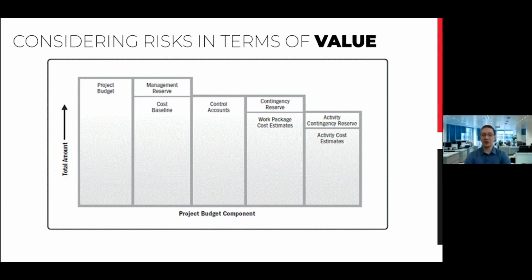As we started talking about buffers, let's take a look at the budget components. The project buffers always include the activity cost estimations, activity contingency reserve, and management reserve. Please pay attention to the difference between activity contingency reserve and contingency reserve.